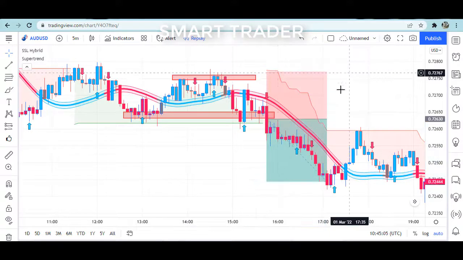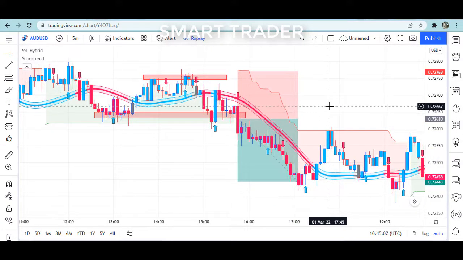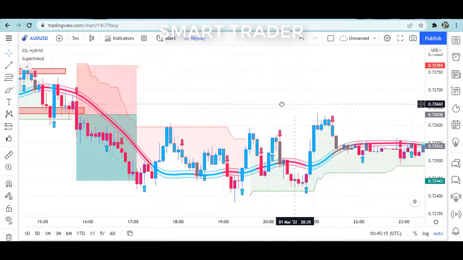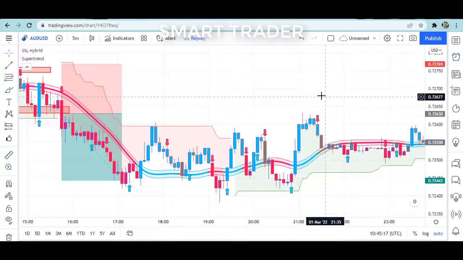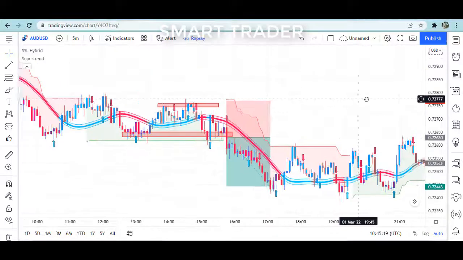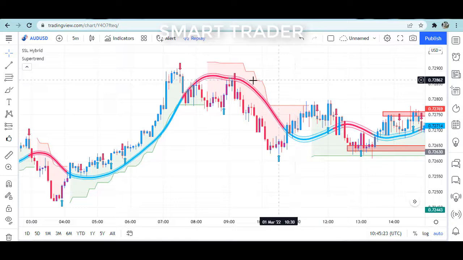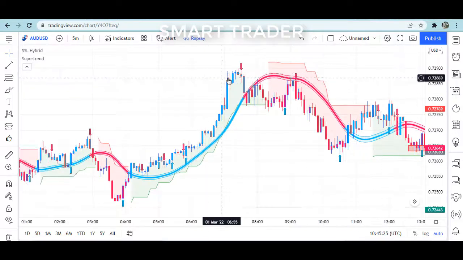I hope you understand this trading strategy. This trading strategy is very simple and very effective for a trend trader. You can trade intraday, swing trades, or scalping if you know how to trade with this trading strategy.